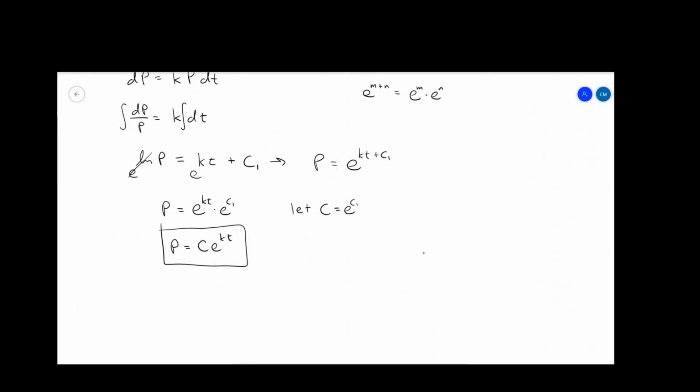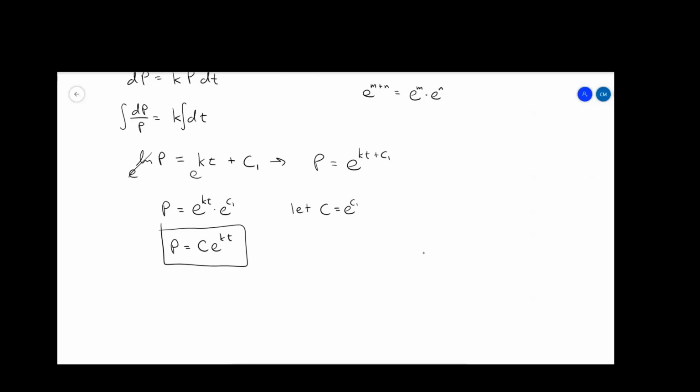Okay, now a couple of questions you might be thinking about here. I'll anticipate a couple of questions. How do we figure out what C is? And how do we figure out what k is? Well, there are two answers to that. k is actually dependent on the population itself. That's like an intrinsic property of a particular population. Obviously, populations don't grow at the same rate, right?